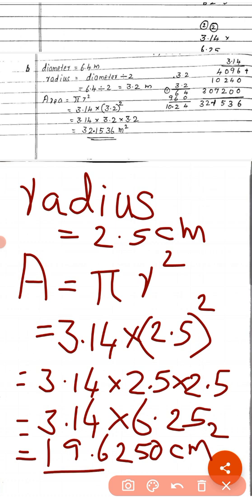The unit of area is in square units. Since the radius is in centimeter, the unit of area is centimeter square.